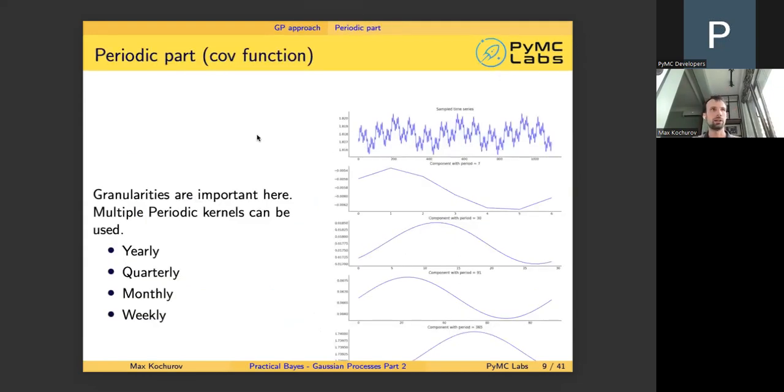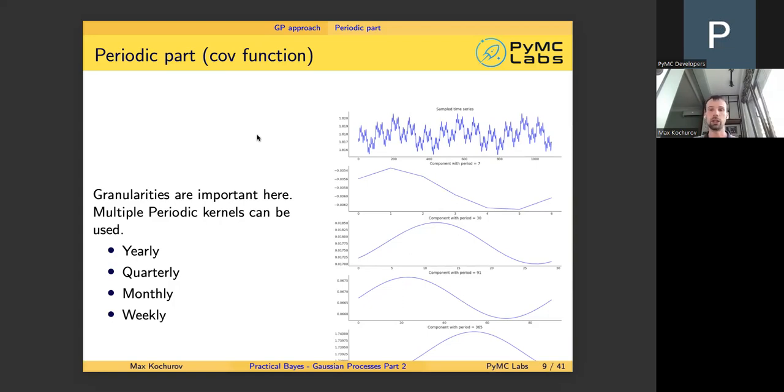The periodic part is a little more tricky because you need to think on different scales. You need to think about what happens throughout the year. Is there any pattern that shows a big picture, something repeated that doesn't necessarily depend on a specific month, but is usually tied to some exact period in the year?